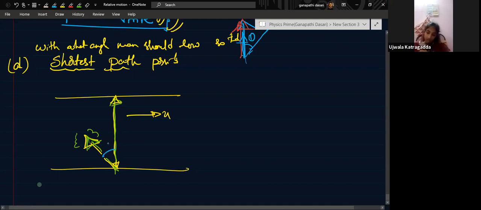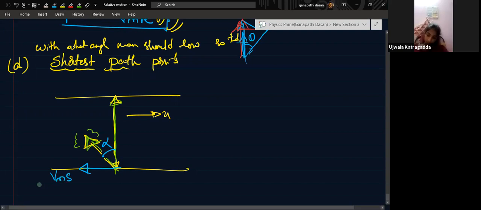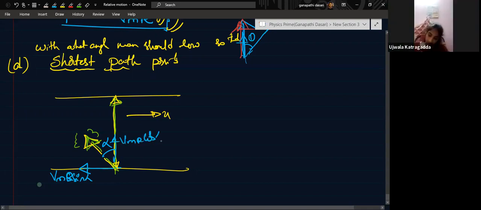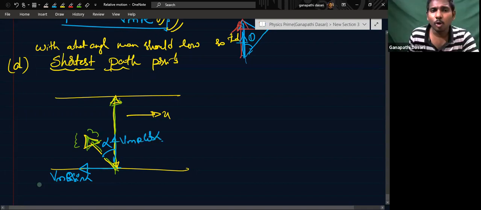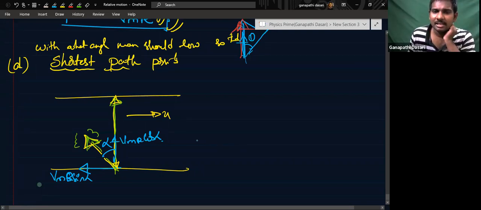If I take it as alpha, this will have two components: VMR sin alpha and VMR cos alpha. So, to go in a straight line, the horizontal component should become 0. That means what will be the net horizontal velocity?